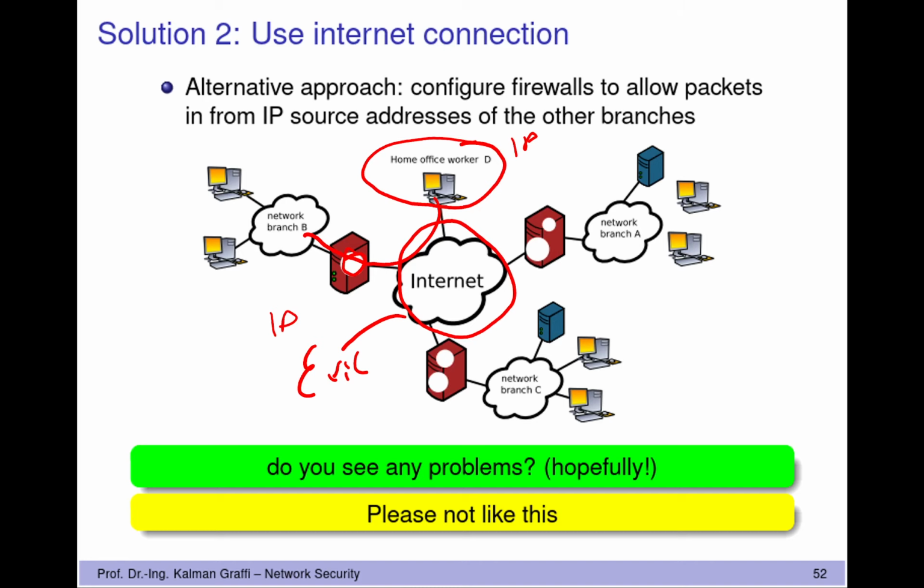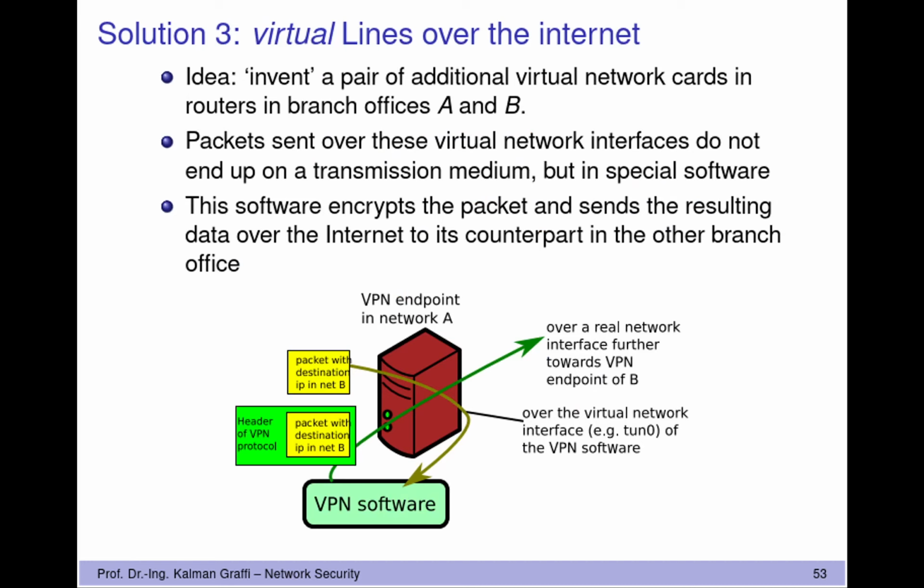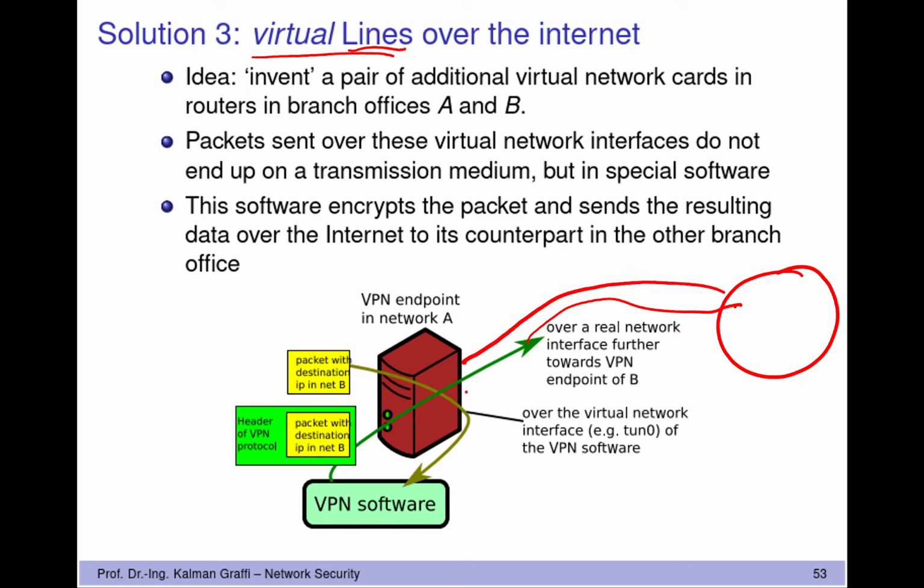So what we have instead is still we use the internet, but what we do is we create virtual lines. So we still want the lines, but we want to have virtual lines that establish a connection between, let's say, a network, and this virtual line has very nice properties. It should be encrypted, it should be authenticated, so that we know, okay, this is really network A or home office worker B, and this is our local branch with our printer and file server and so on.